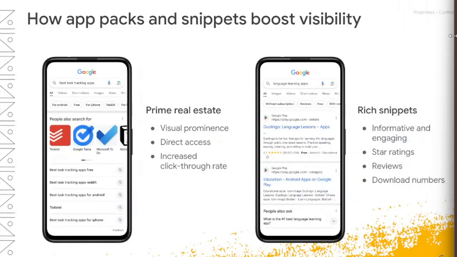So even though your app doesn't appear in the app pack, rich snippets can still enhance its organic listing. So you need to imagine that your listing is displaying your star ratings, so a high average rating from user reviews builds trust and credibility. Obviously, it tells your target audience that your app has been downloaded before and has been used by multiple different people.